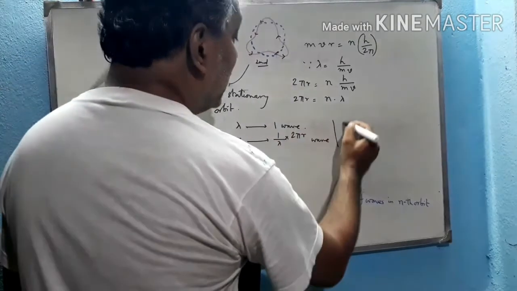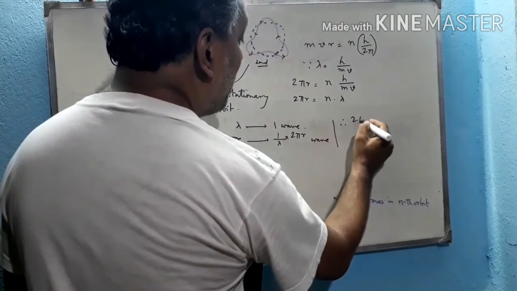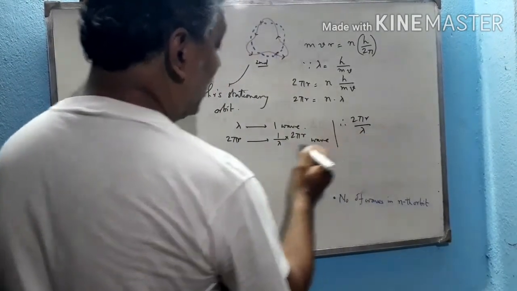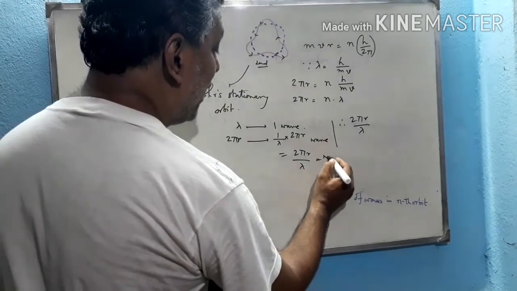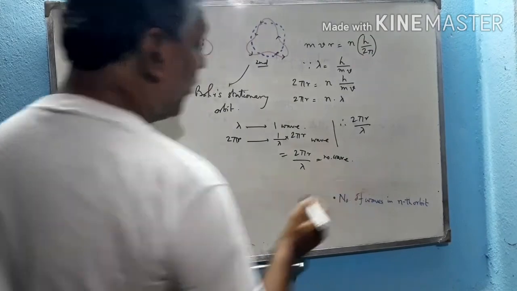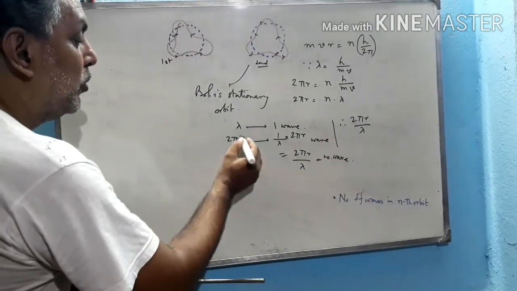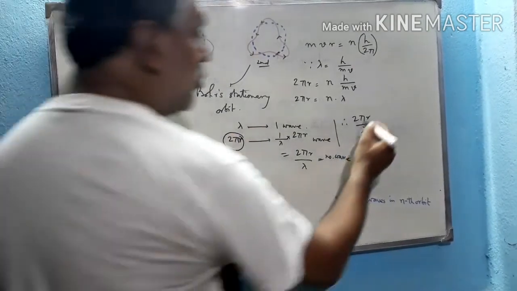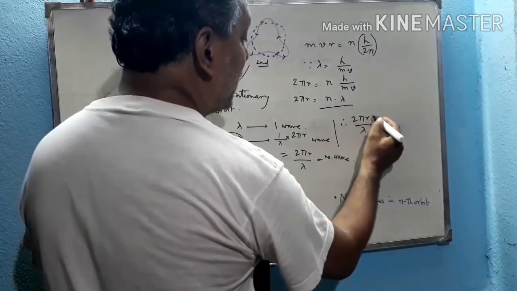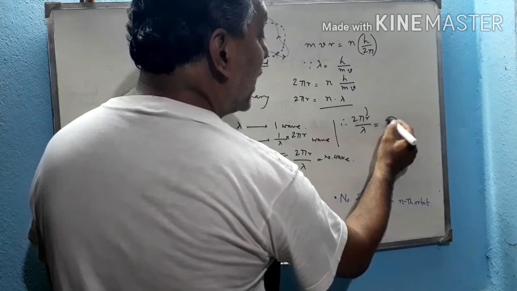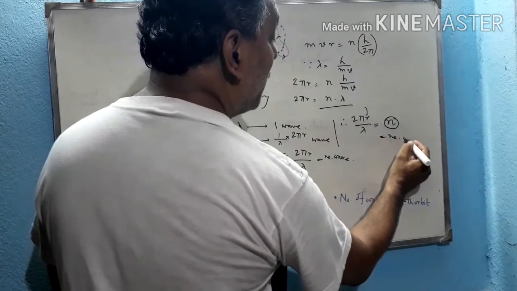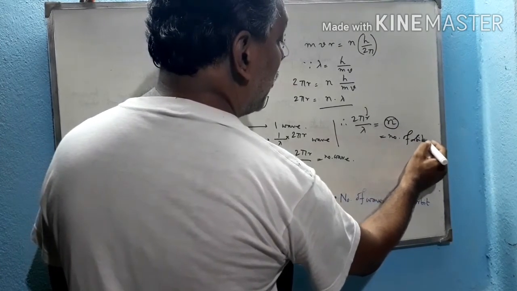That means 2 pi r by lambda. This is the number of waves to complete the circumference. From this equation, 2 pi r by lambda equals nothing but n, that means the number of the orbit.